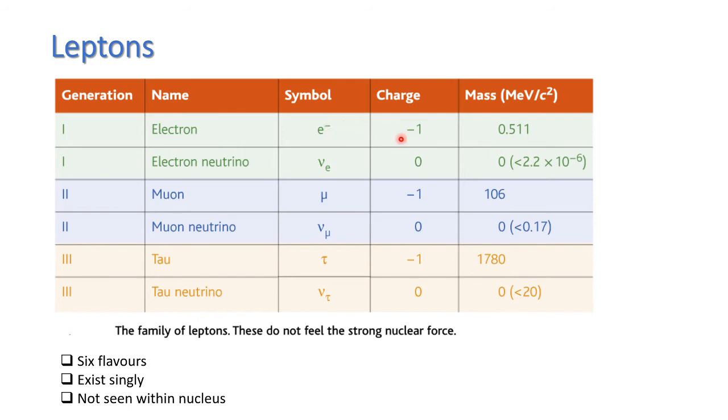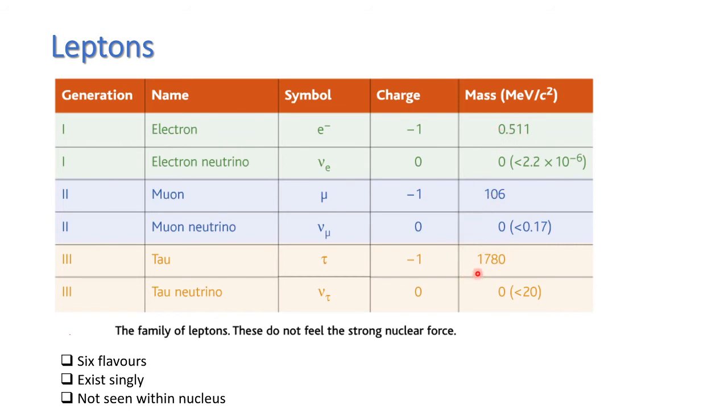The charge is -1. Here the muon is -1 and the tau is also -1, right? Sometimes we put it as -1 e, where e means the charge of 1 electron, right? Then the electron neutrino is neutral, so no charge, and the muon neutrino no charge, and the tau neutrino no charge. But when you observe, you can see that the mass is increasing, right?